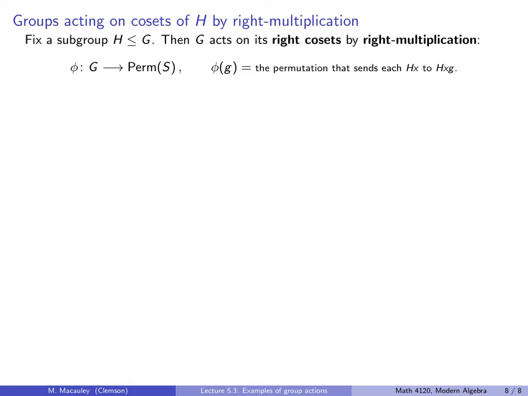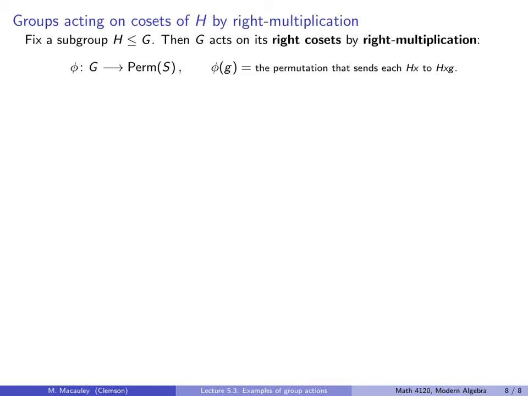Finally, we come to our fourth and last example, and arguably our most complicated one. This is where groups act on cosets of a subgroup by right multiplication. So let's fix a subgroup H of G. Then G acts on the right cosets of H by right multiplication. So here is the homomorphism.